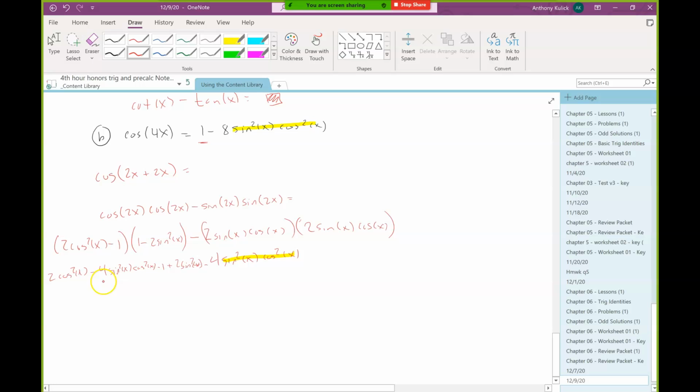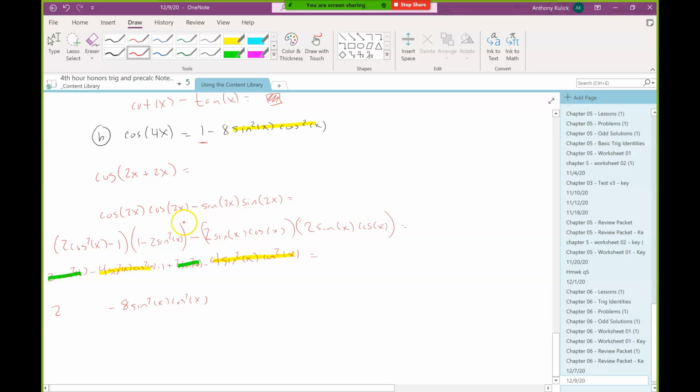Okay. So these 2 can combine together. And there's my negative 8 sine squared x cosine squared x. These guys add together to give me 2 from the Pythagorean identity.